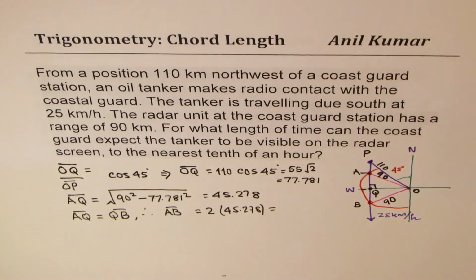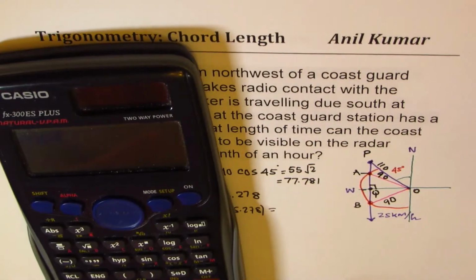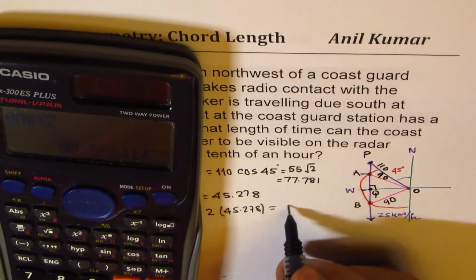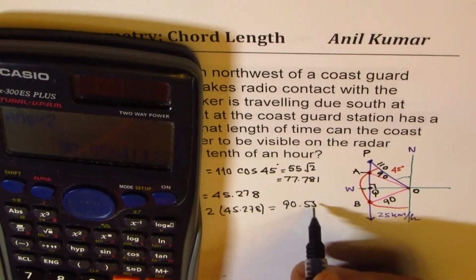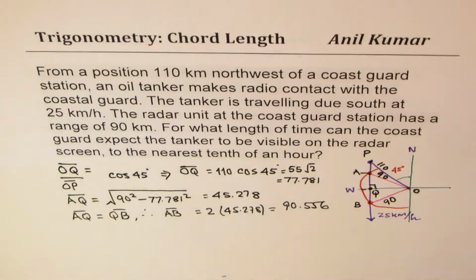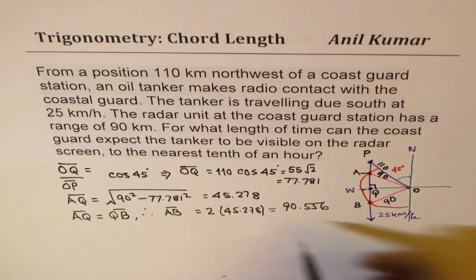We'll multiply this by 2, so we get 90.556, correct? So we haven't used sine law much here.